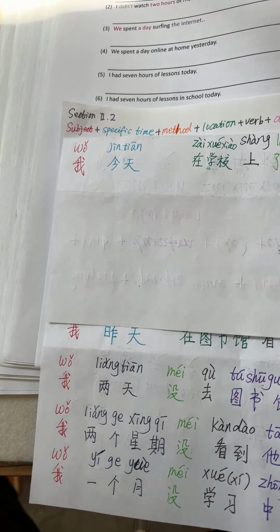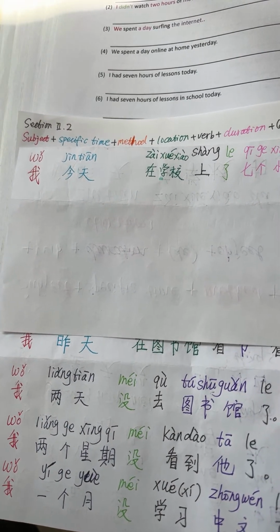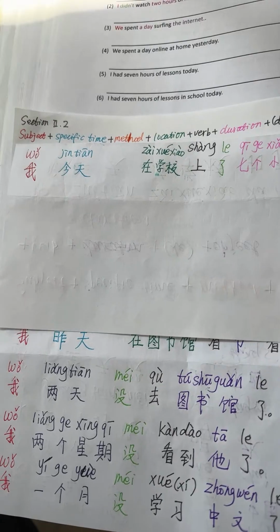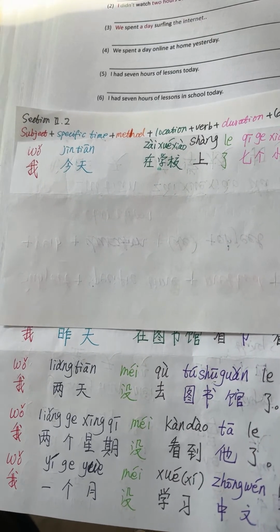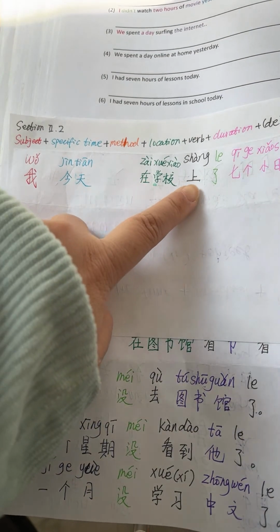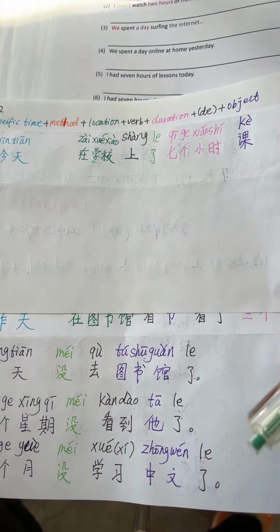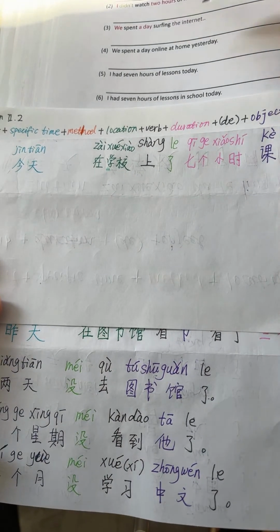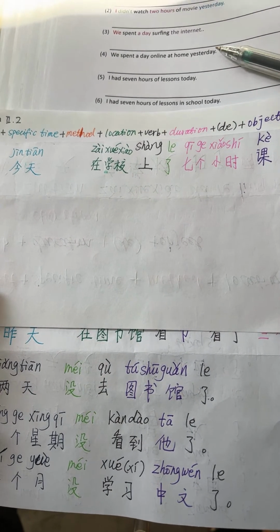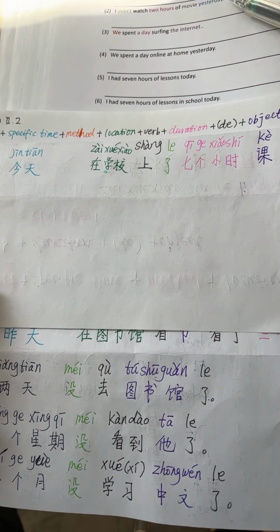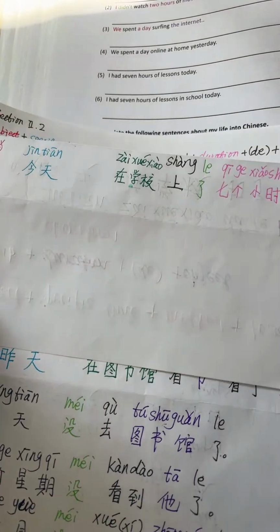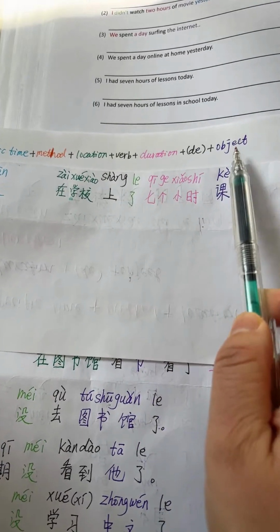This is the order of a sentence with a specific time and a duration. You should follow this order, okay? And what you need to pay close attention to is the phrases with a verb object. So in these six sentences, we have 上课、上网、看电影, and they are all verb object.